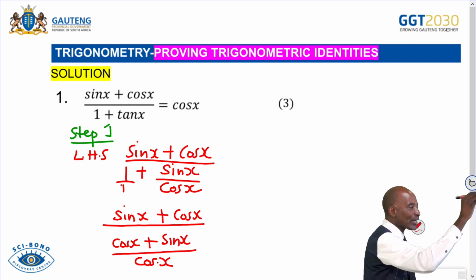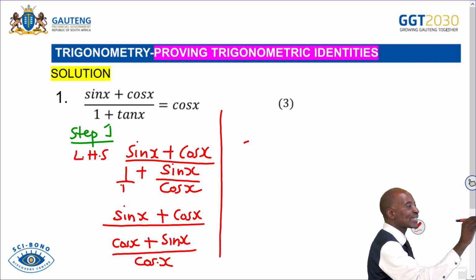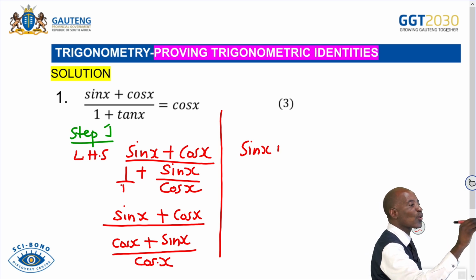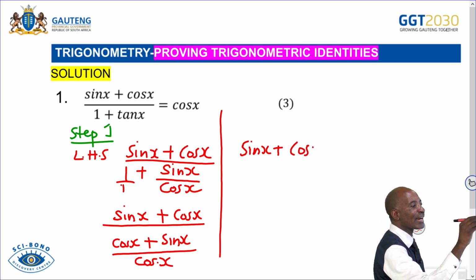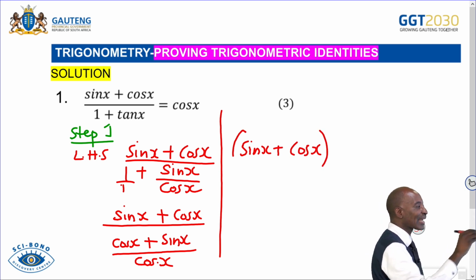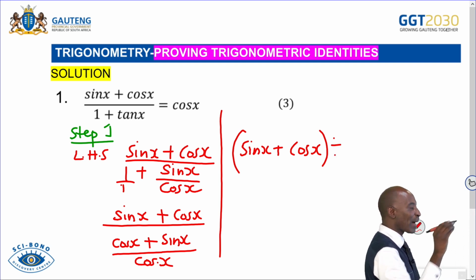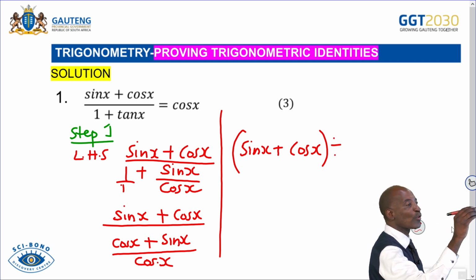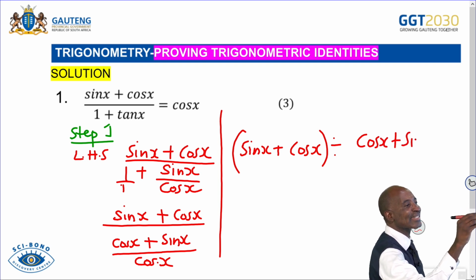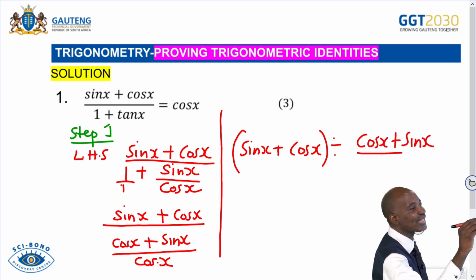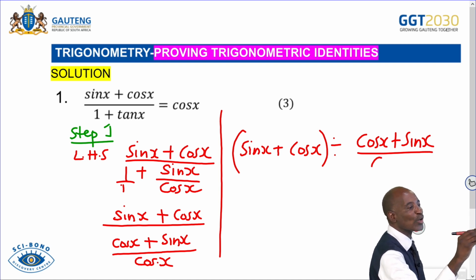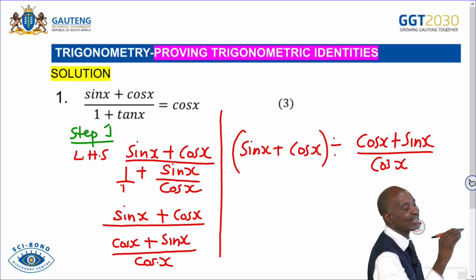So far what we have is sine x added to cos x, that's your numerator, I'll put it in brackets, divided by cos x added to sine x, that is your lower denominator, over cos of x.